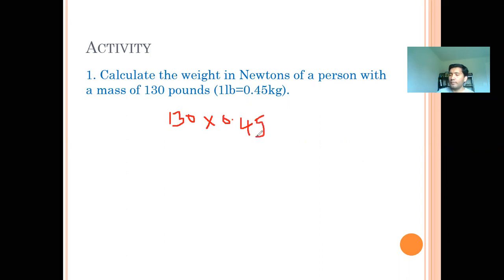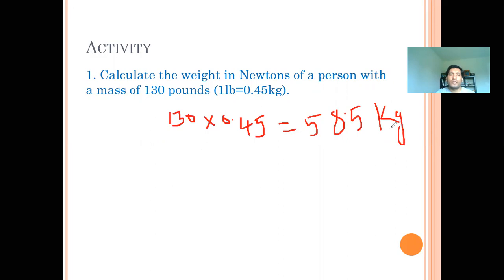Let me multiply it. 130 into 0.45. Okay, 58.5 kilogram. I get it in kilogram, right?